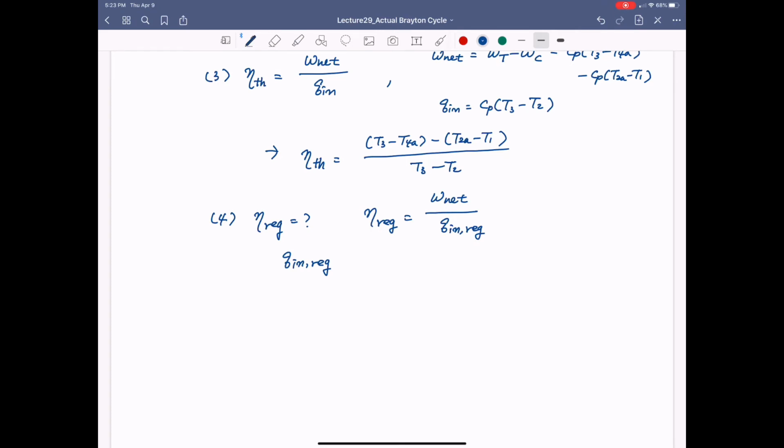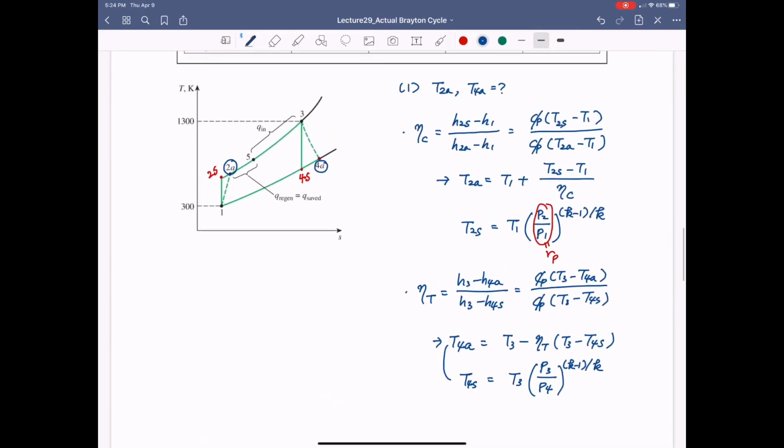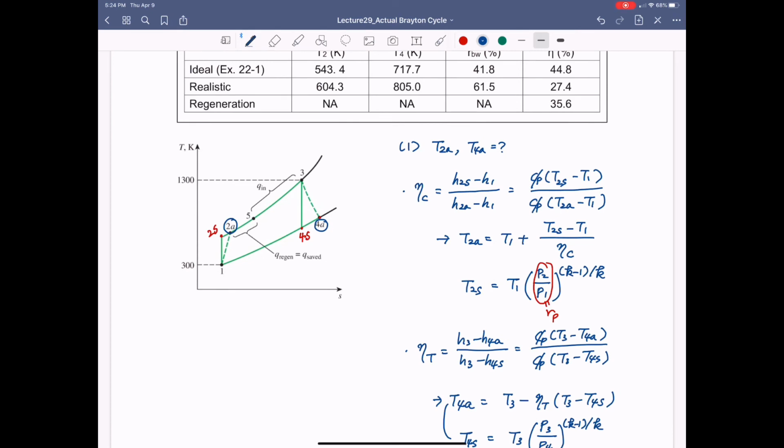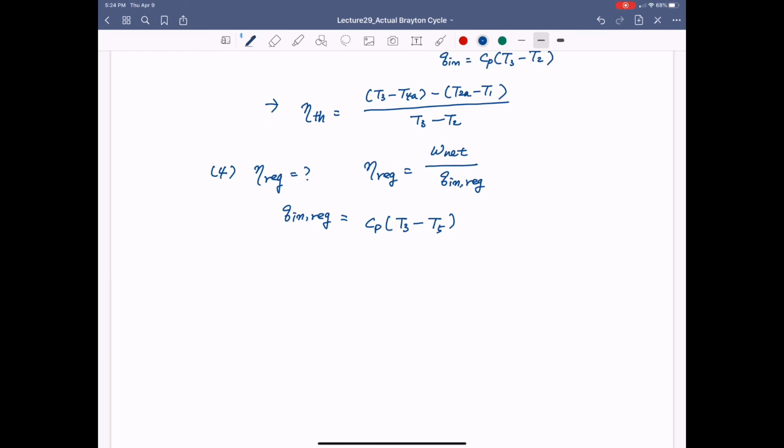So the amount of heat input for the regeneration can be calculated as CP times (T3 minus T5), right? Because from the TS diagram, we have T5 that is after regeneration from the air side. So the amount of heat input should be the same as the enthalpy difference between 3 and 5. So that is what you can see.